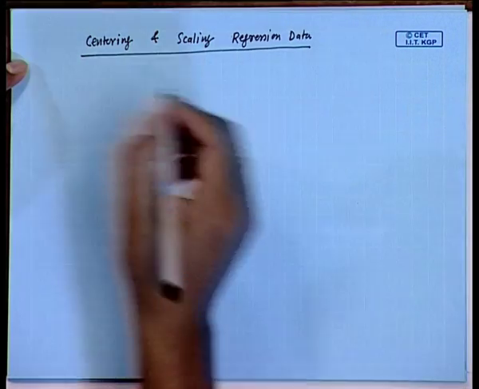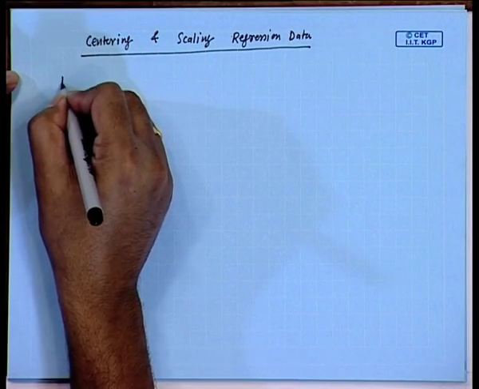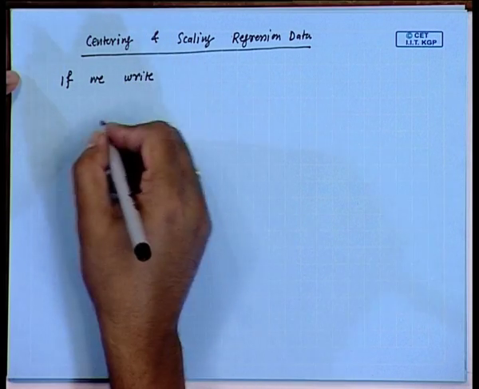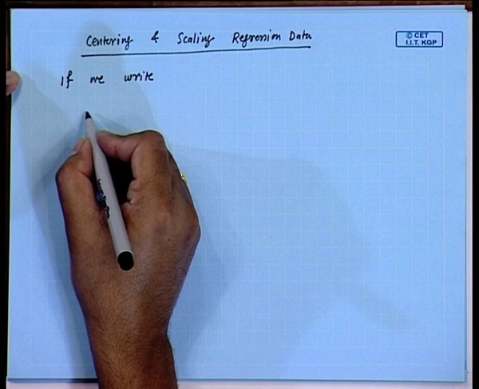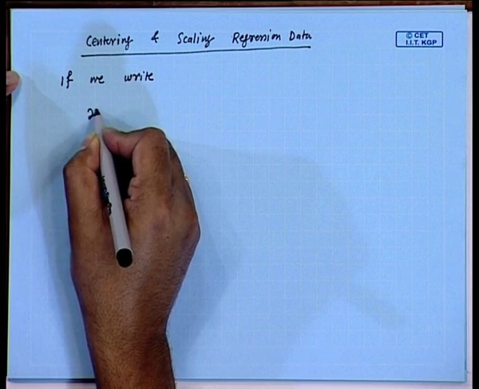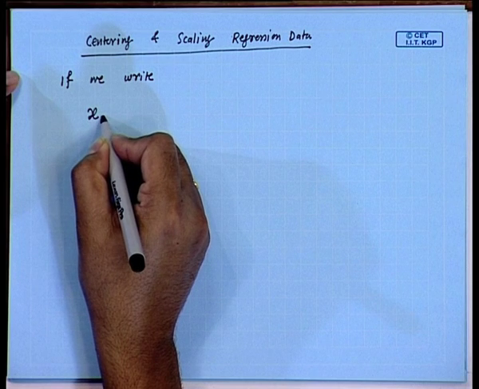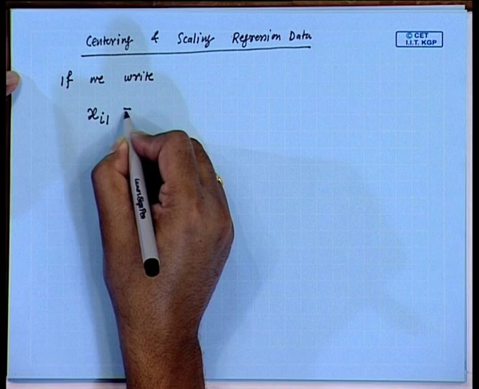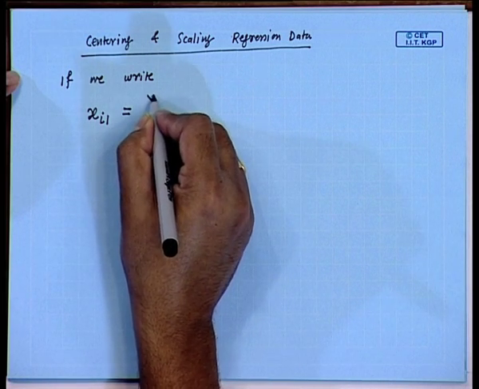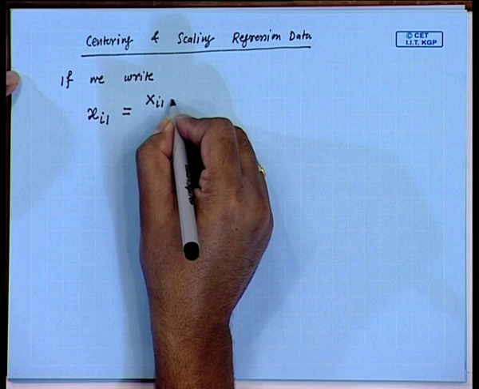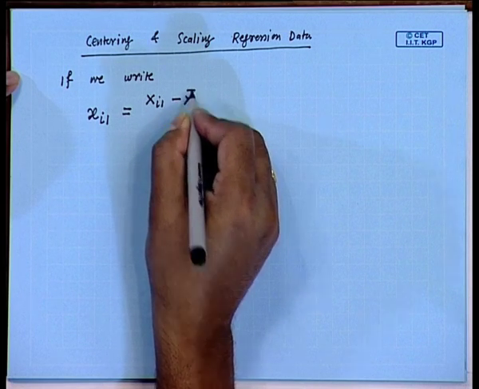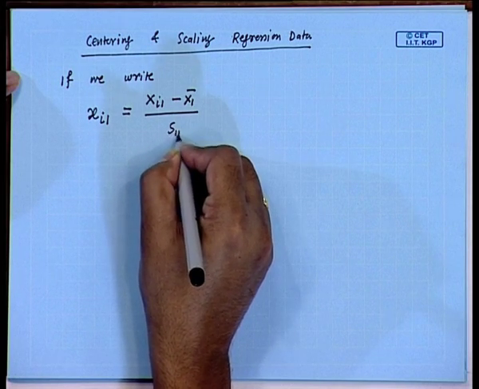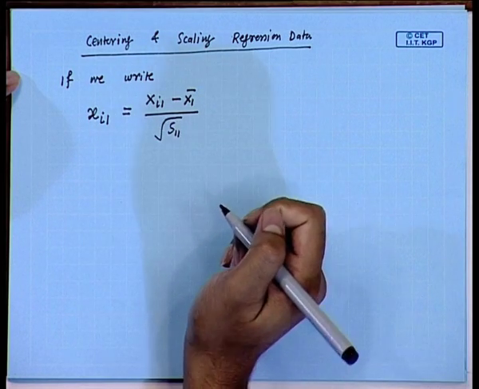So, what we do is that if we write x_i1 equal to (x_i1 minus x1 bar) divided by the square root of S11.